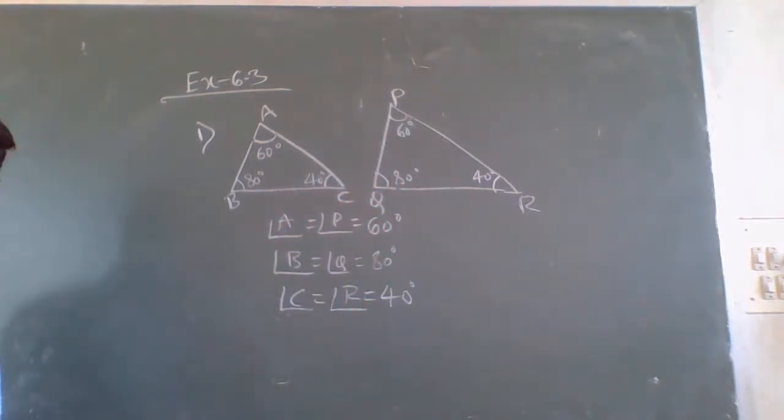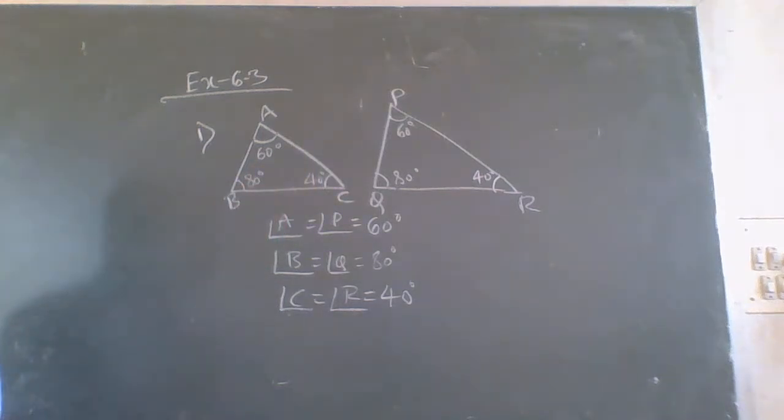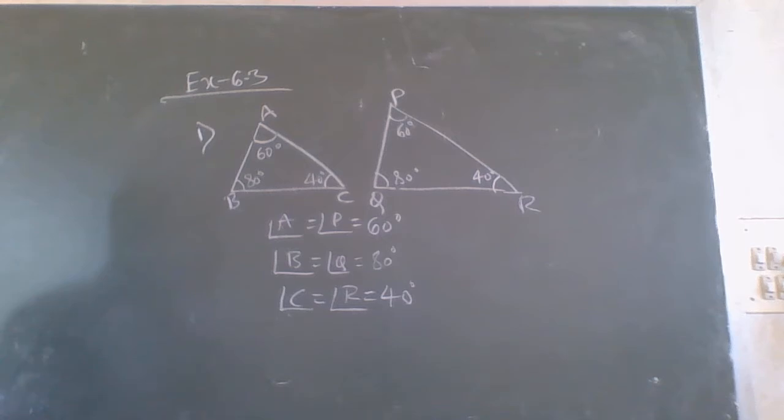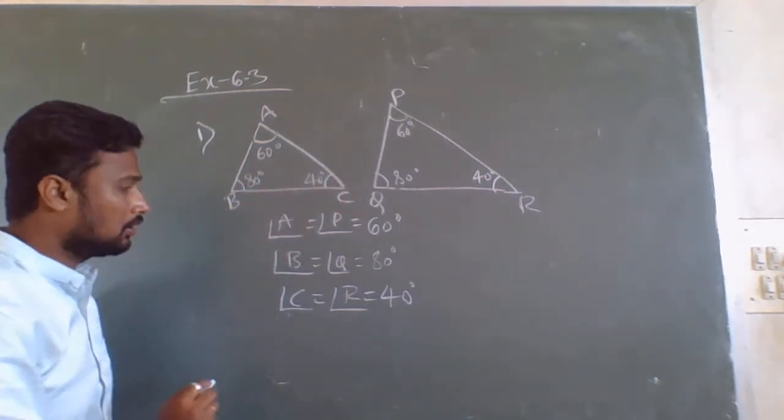So first, similarity of two triangles. What was the condition? If corresponding angles are equal to each other, then we can say that two triangles are similar. So here all the corresponding angles are equal to each other.